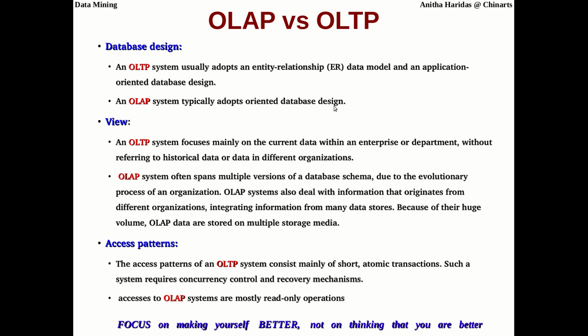So when I say it adopts the database design, it will generally be the multidimensional data model. It is oriented towards what kind of analysis you are going to do. Accordingly, you collect the data and store it in the data warehouse. So it must use only a multi-dimensional data model. OLAP will be using the multi-dimensional data model.